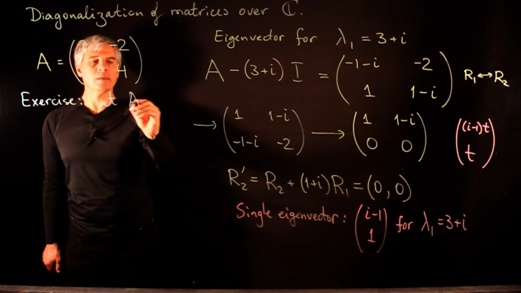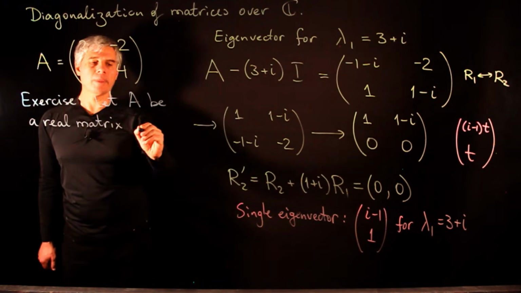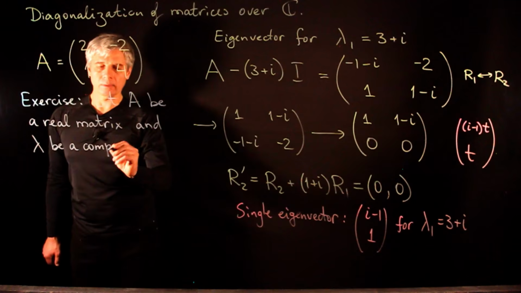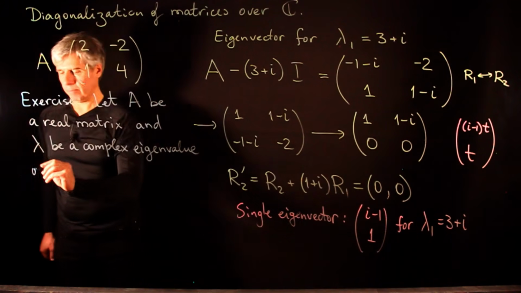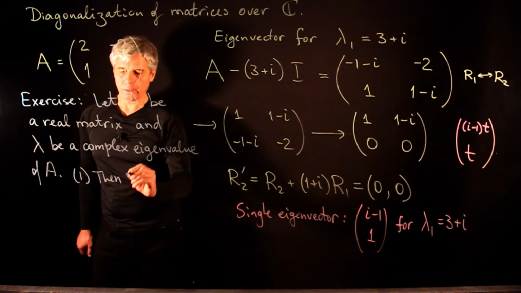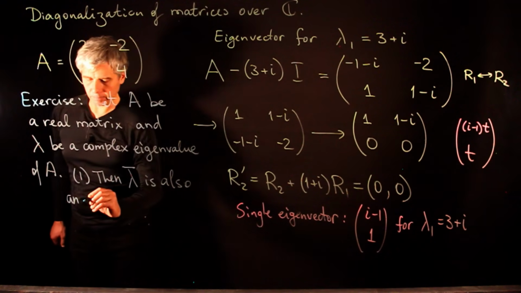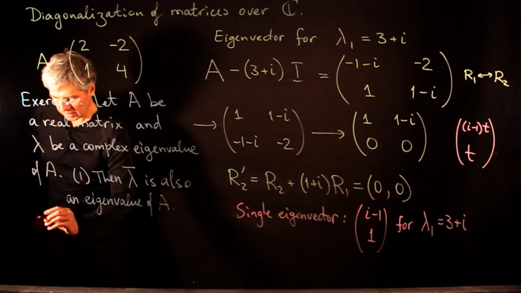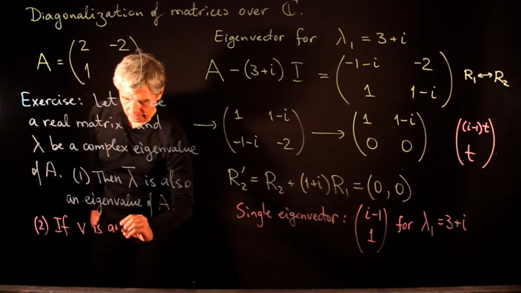Let A be a real matrix and lambda be a complex eigenvalue of A. Then the first part is that lambda bar is also an eigenvalue of A.